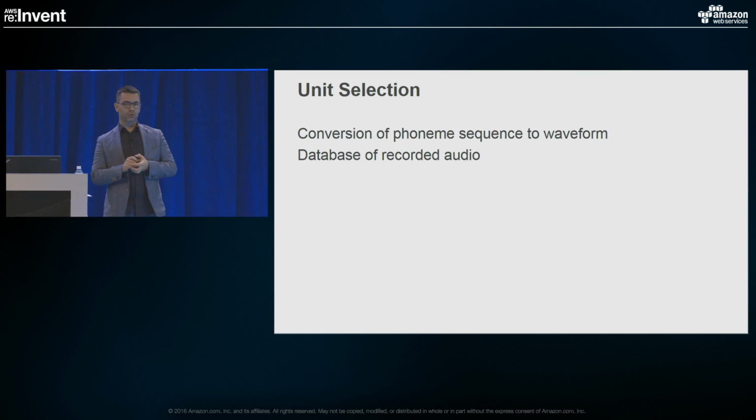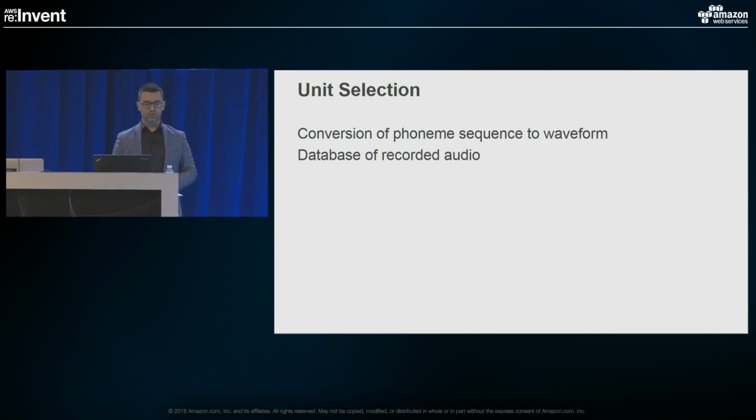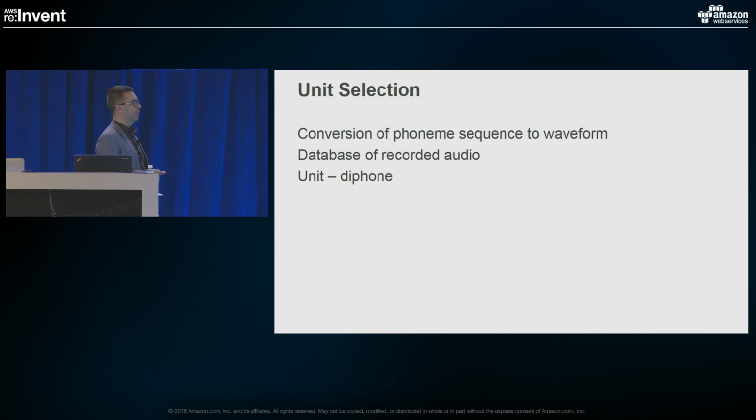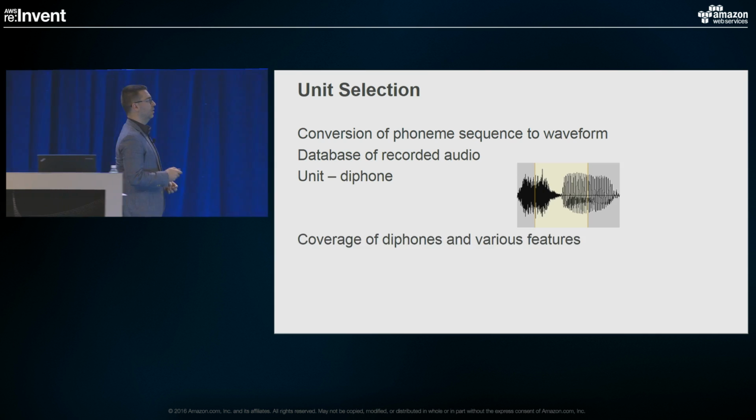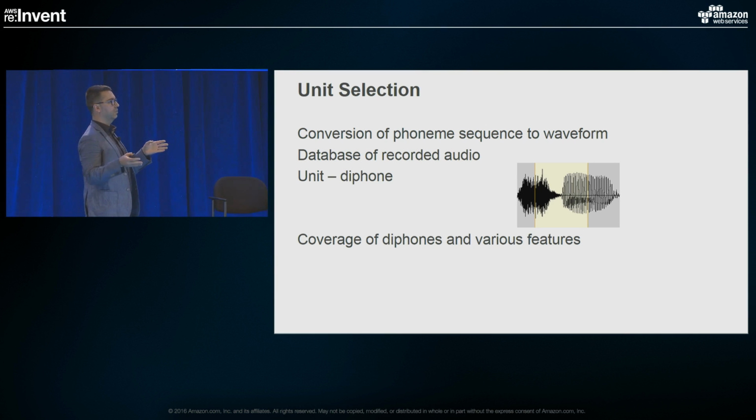A database of recorded audio is gathered from a single voice talent, which corresponds with the desired personality, and should cover particular combinations of speech sounds which we expect in a particular language. Our unit, which we select from the database and connect with each other, is a diphone. A diphone is half of one phoneme and half of another phoneme.